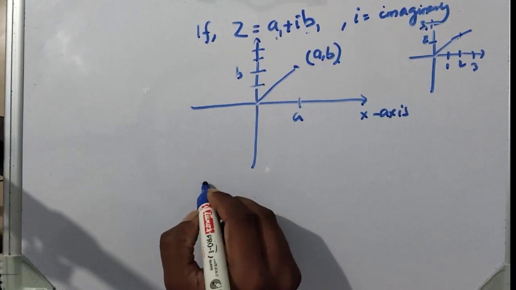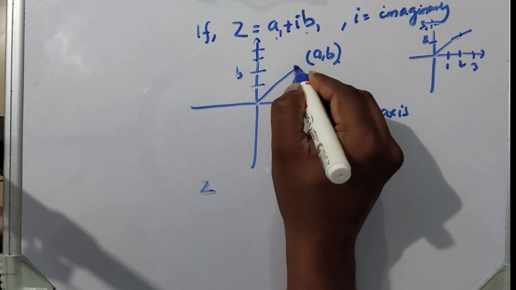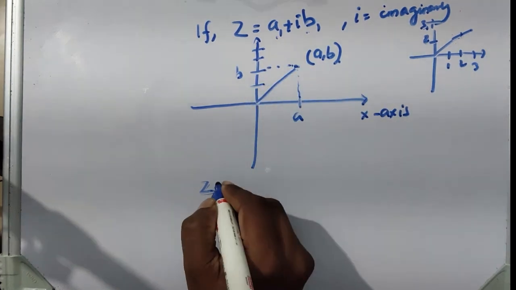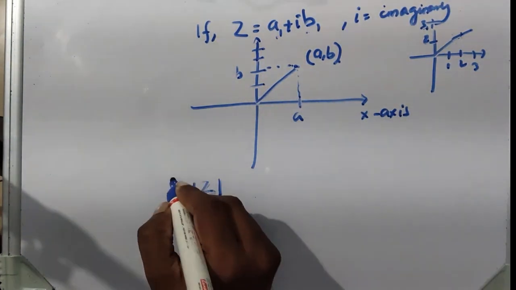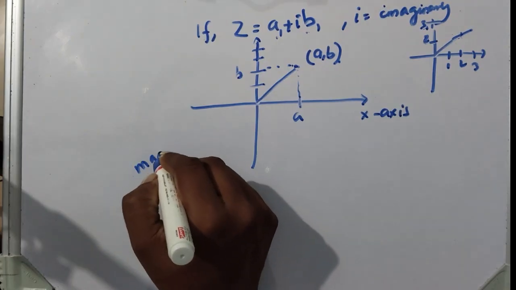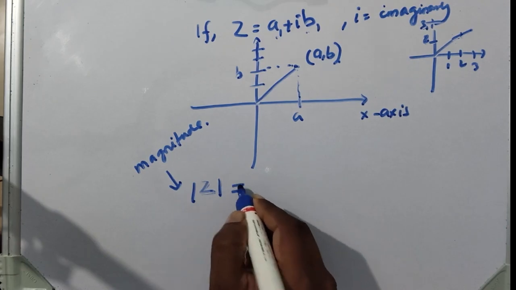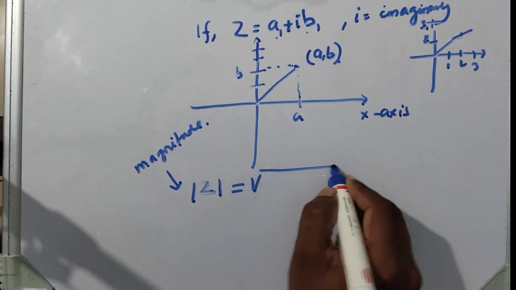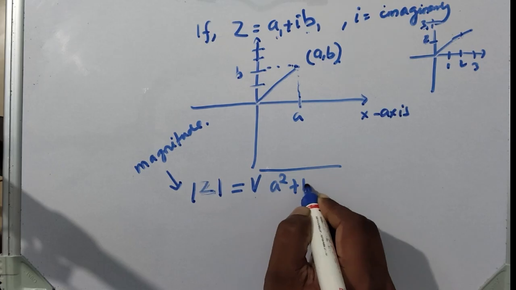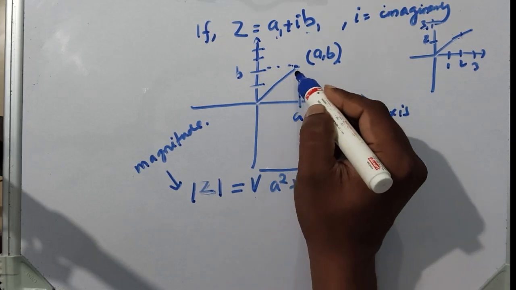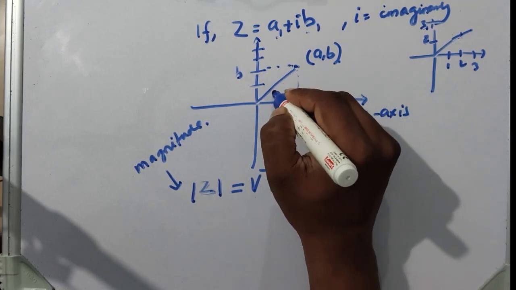Now how will we get the magnitude of this number? Magnitude is represented by mod. Magnitude of z is equal to root over of a square plus b square. So magnitude is nothing but the hypotenuse.